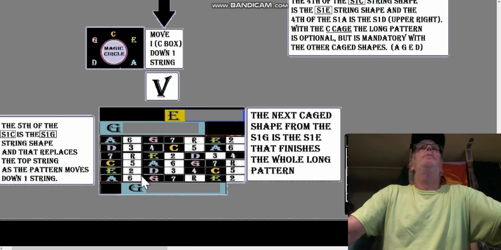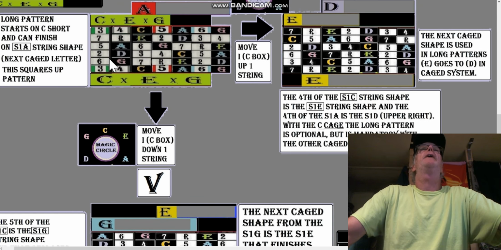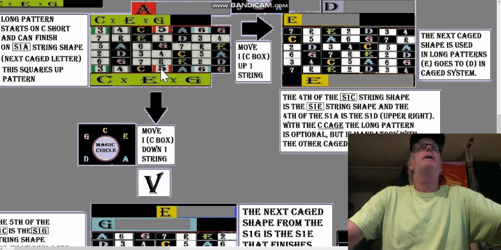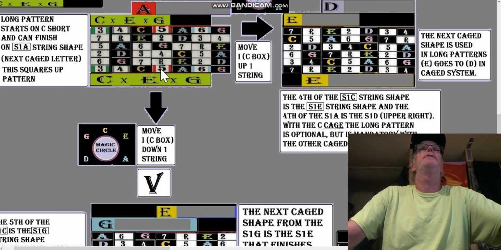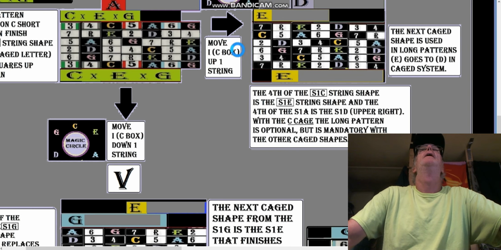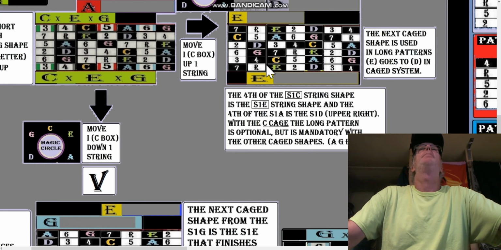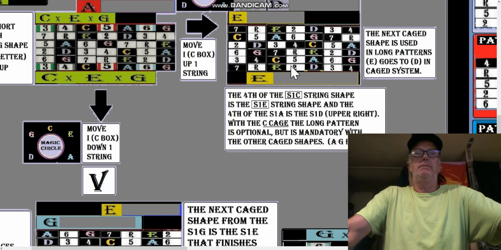So when we move the pattern down, remember our original pattern had the 6, 7 root on the second string. We move it down, and the bottom string becomes the fifth of the original first string. Move it up, and the bottom string becomes the fourth of the original first string. So it's easy.